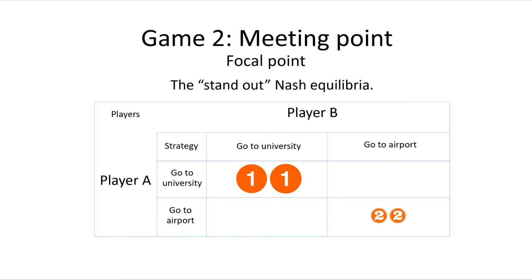If the players think the same or know each other, that the other side tends to go to university first and then go to the airport later, or he or she may have some activities to do at the university. Therefore, the choice of going to university stands out with higher probability.